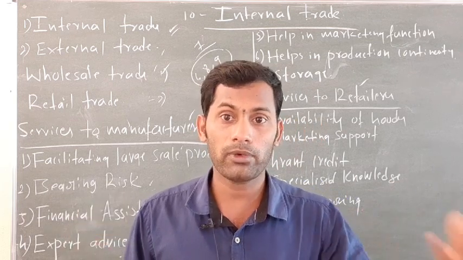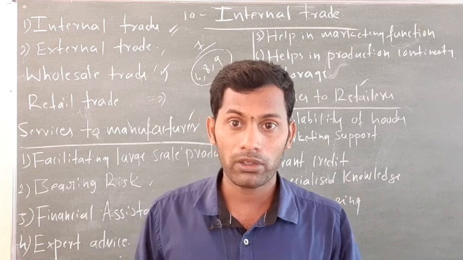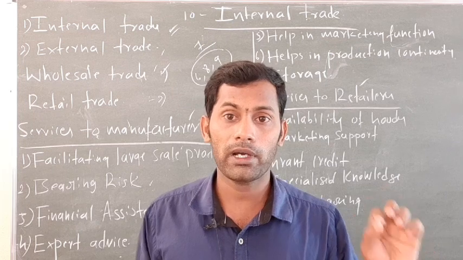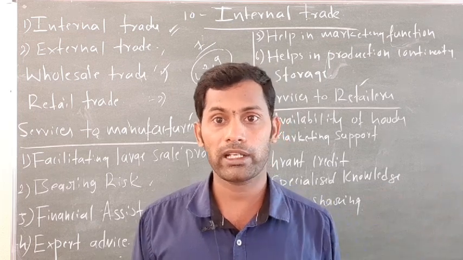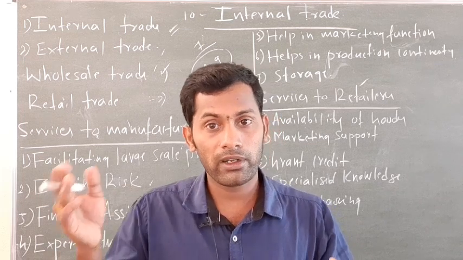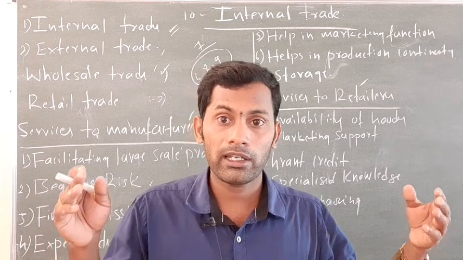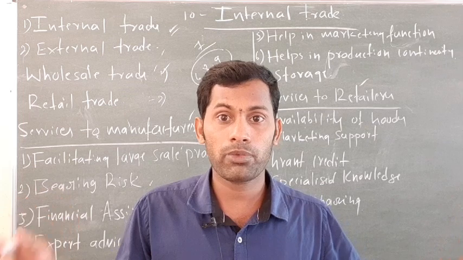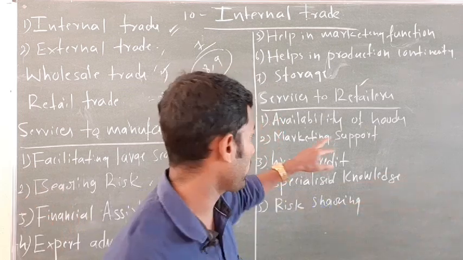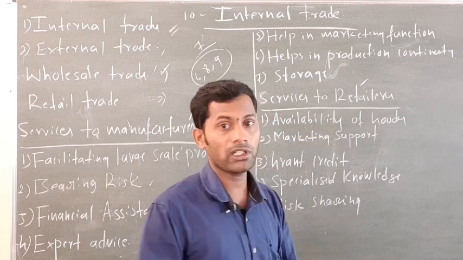Who is responsible for that good work? Only the wholesaler, because the wholesaler purchases products from the various manufacturers, then stores them in their warehouse. Whenever need arises, whenever a retailer wants a product, they provide the product to the retailer. That's the first one, availability of goods.